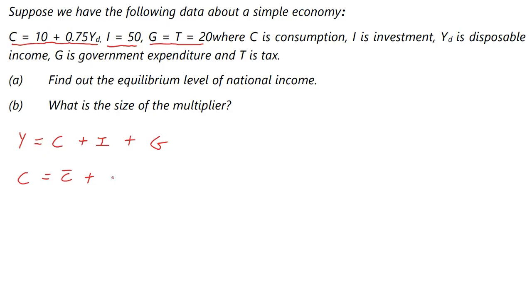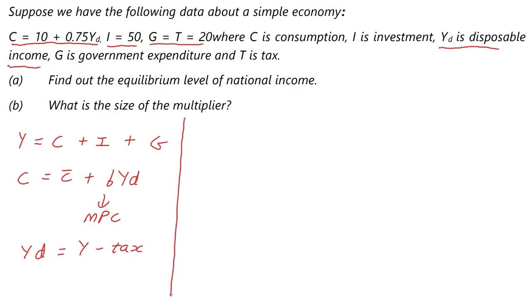The 0.75 is basically the b of YD. Now, this b is marginal propensity to consume, and YD we already know is disposable income. Disposable income, YD, is nothing but whatever your income is, income minus tax.